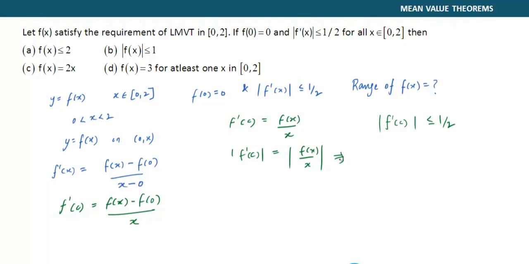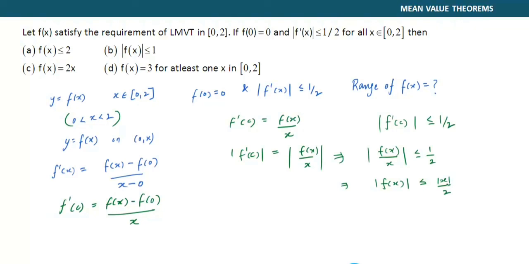So this reduces this particular expression to mod fx by x is less than or equal to 1 by 2. Now let me do another step. Why can I cross multiply mod x? Because x lies between 0 to 2. It's not 0, it's basically a positive number.